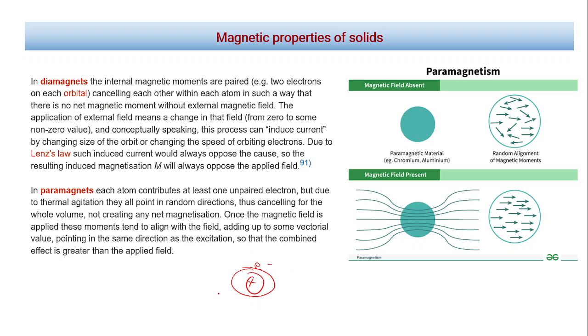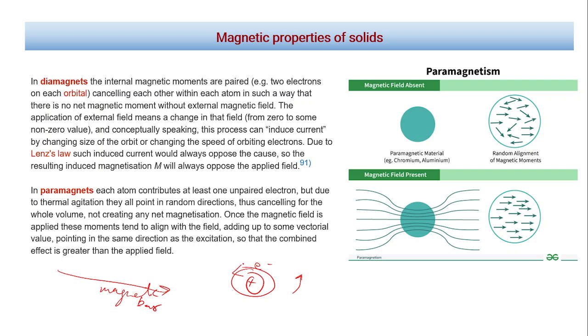And that magnetic field, we can think of this electron revolving around the nucleus as a small current carrying loop, and because of that loop, we'll have a magnetic field around it. So as we see, when we place a magnet bar in the presence of another magnetic field source, the magnet deflects.